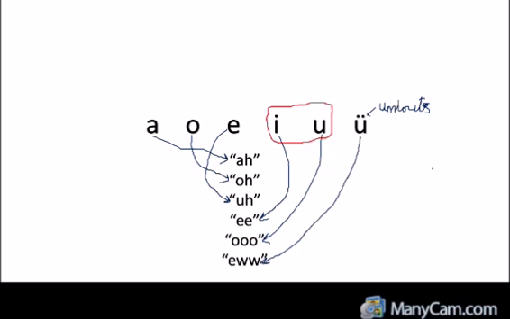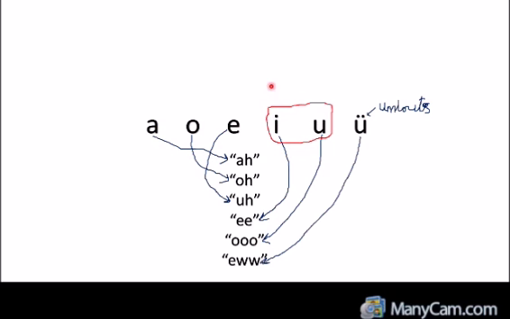So if I go through each one again, it's A, O, U, E, U, U. So the Chinese people, they would just say A, O, U, E, U, U, that fast.